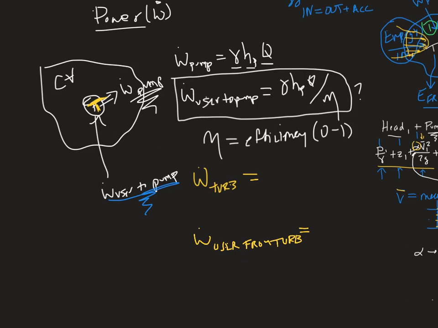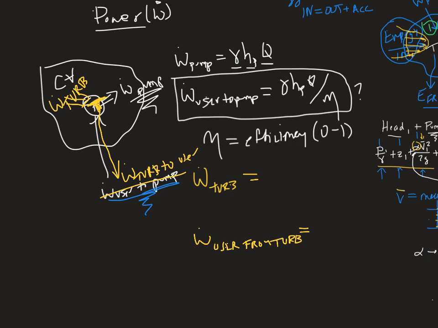And so here's a turbine, and it's sitting right in the middle of the flow, and instead, the flow is doing work on the turbine. Okay, basically the flow is causing the turbine to spin. Okay, and then out of that, we're going in the opposite direction. So now we're getting W dot turbine to user.